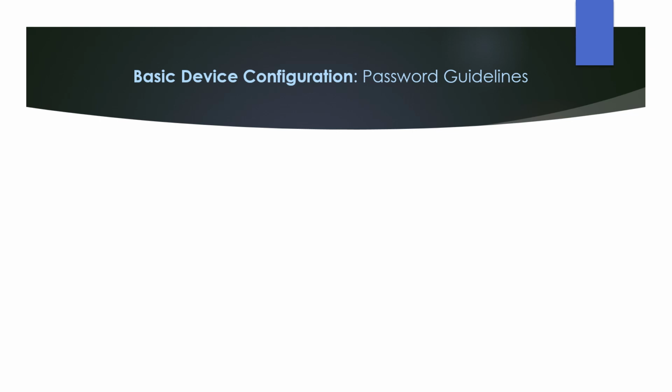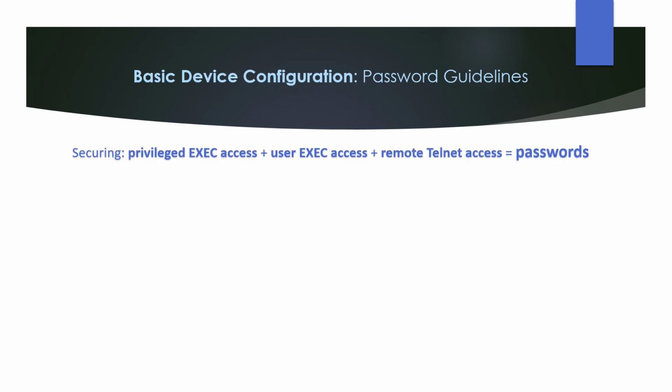Cisco IOS can be configured to use hierarchical mode passwords to allow different access privileges to a network device. All networking devices should limit administrative access by securing the privileged access mode, user access mode, and remote Telnet access with passwords. In addition, all passwords should be encrypted and legal notification provided.